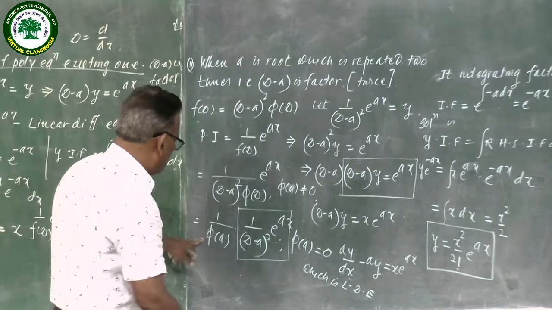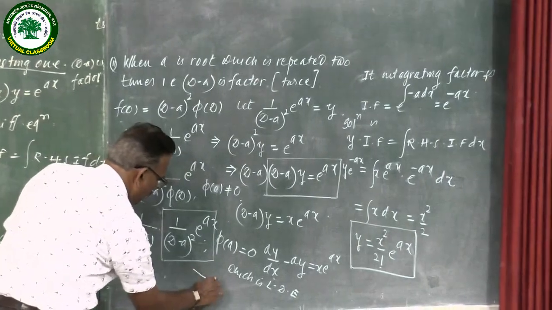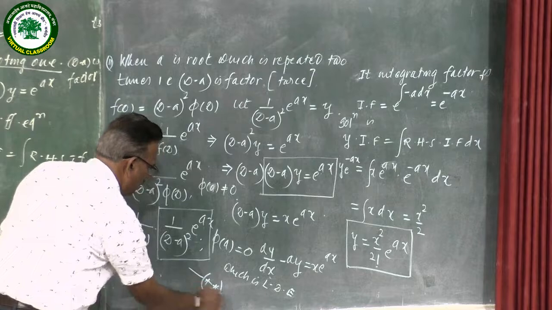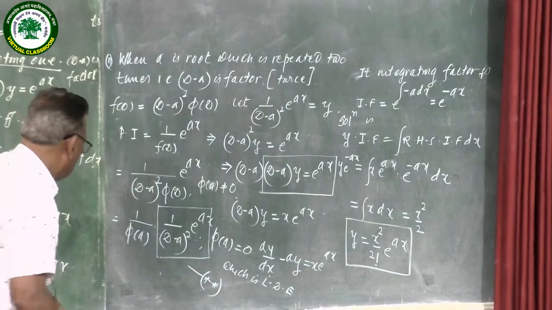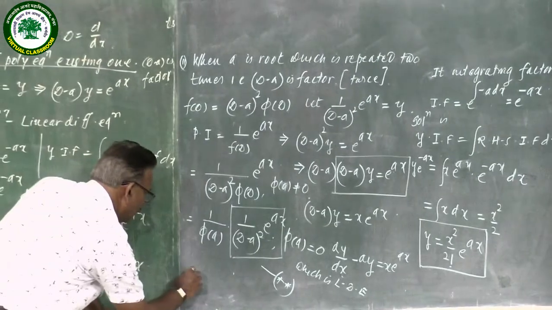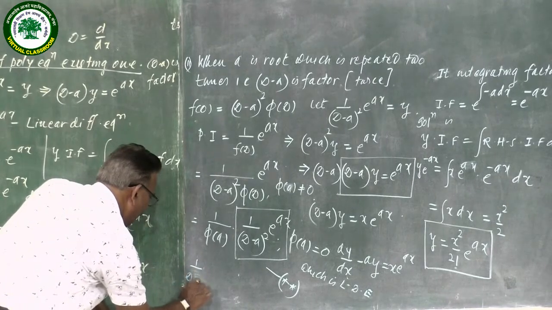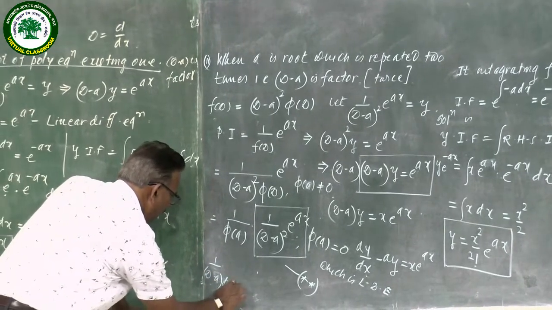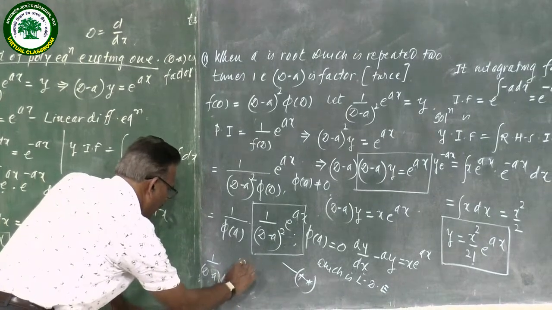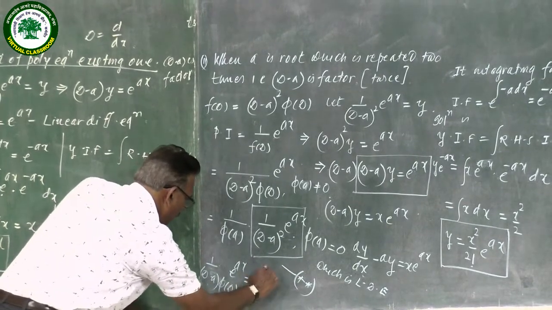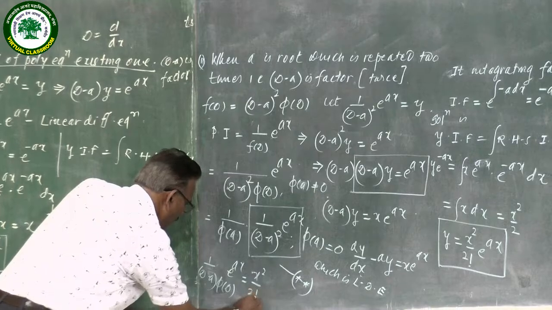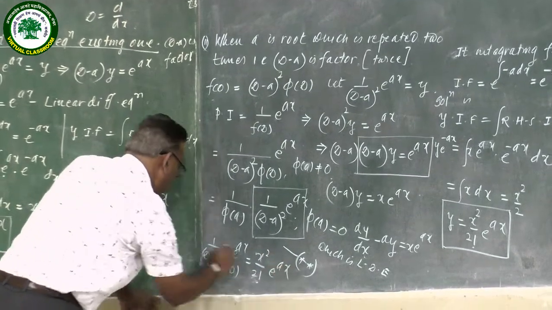Therefore, this star will become again the double star. What will be the solution? The solution will be 1 over d minus a phi of d e raised to x is equal to x square divided by 2 factorial into e raised to x.